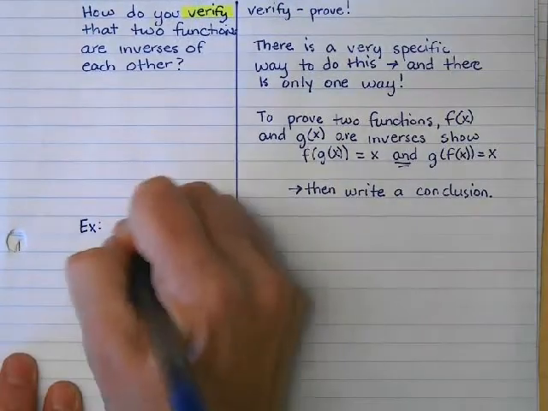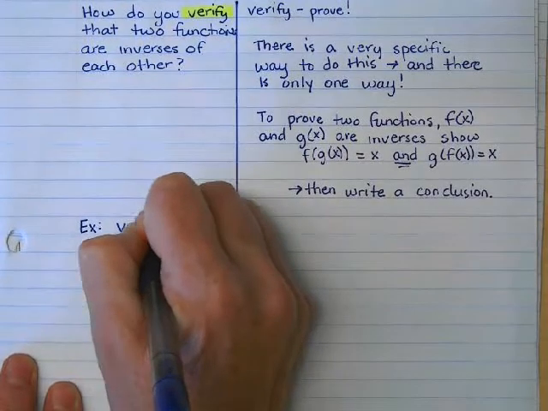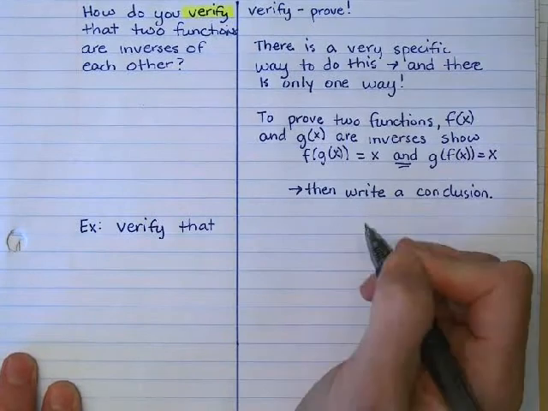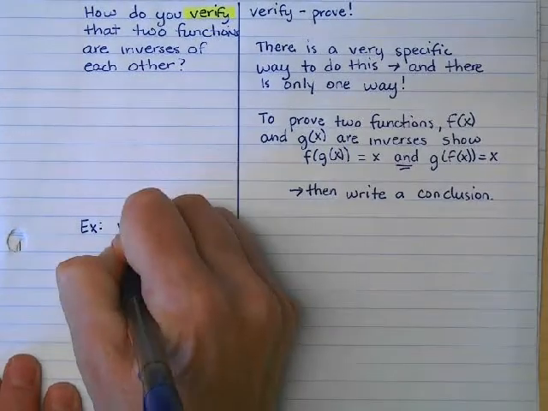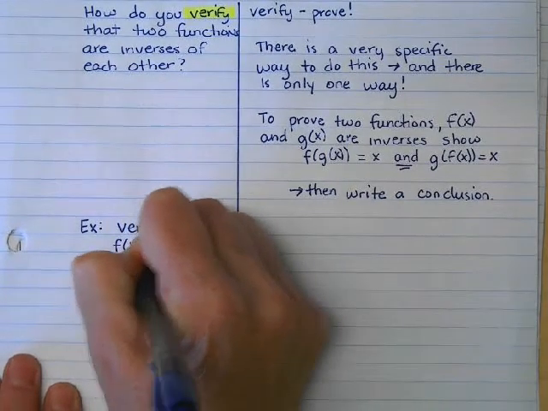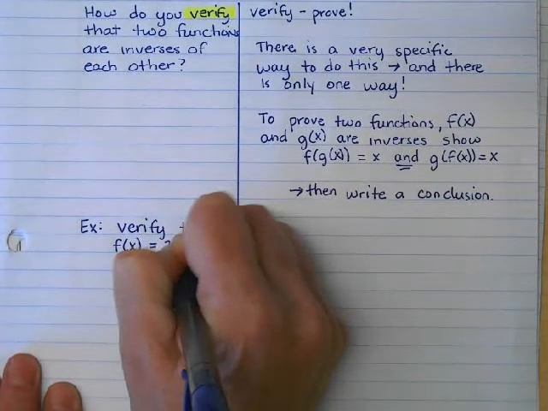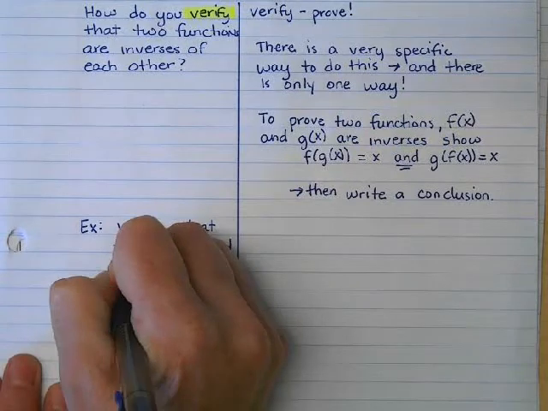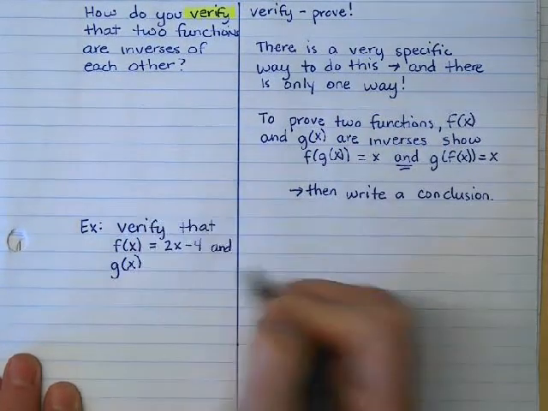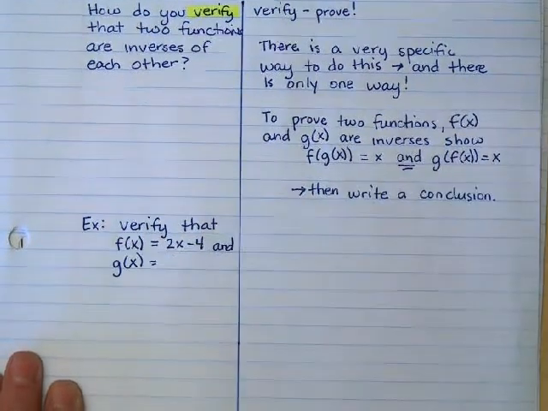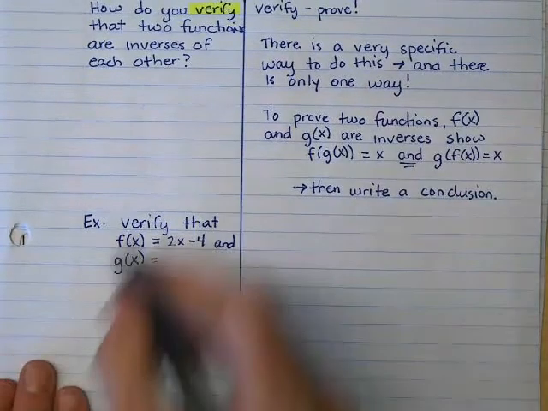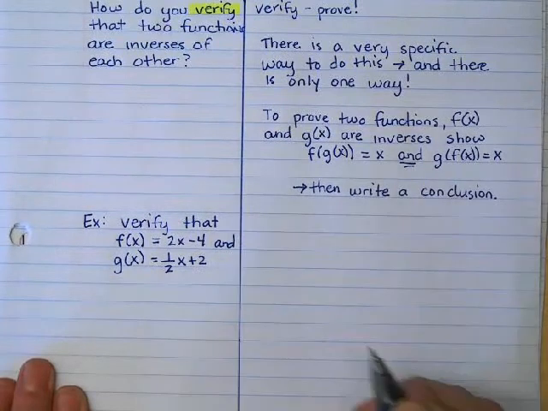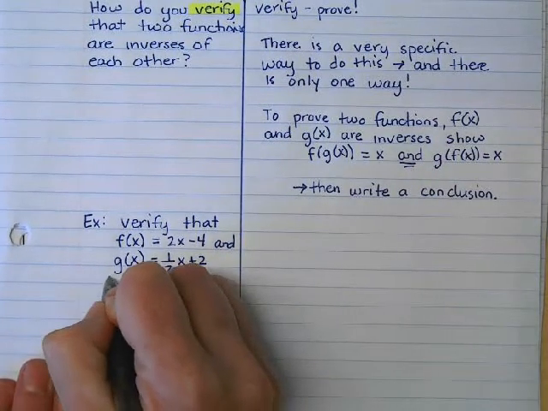So let's say that the example says that verify that f of x, which is 2x minus 4, and g of x, which is 1/2 x plus 2, are inverses.